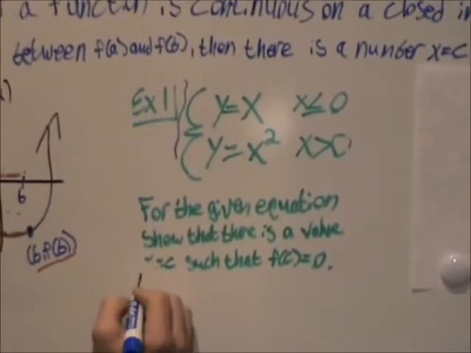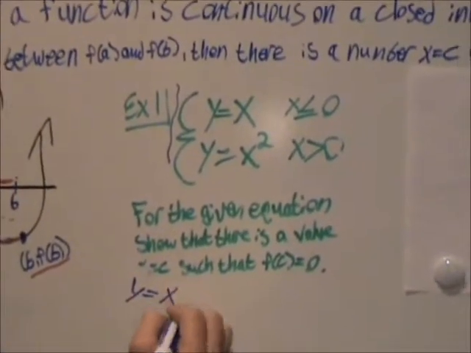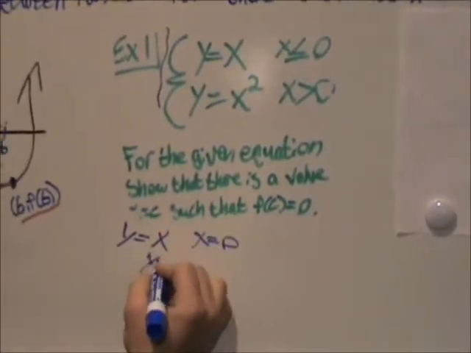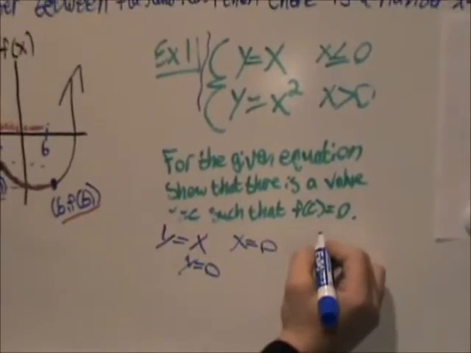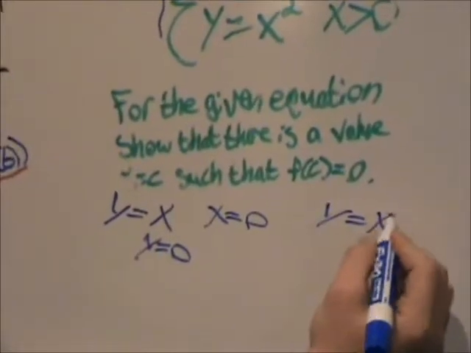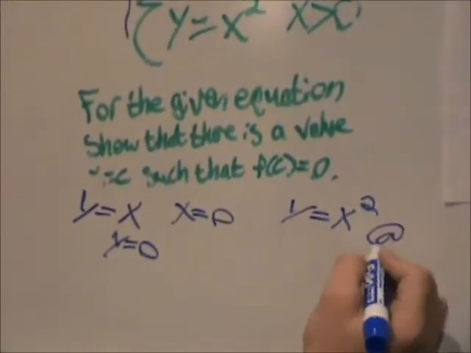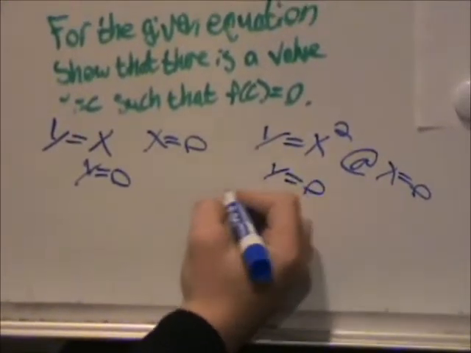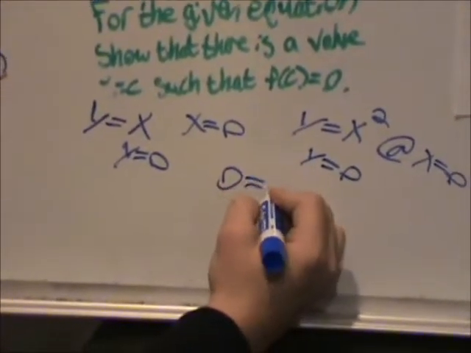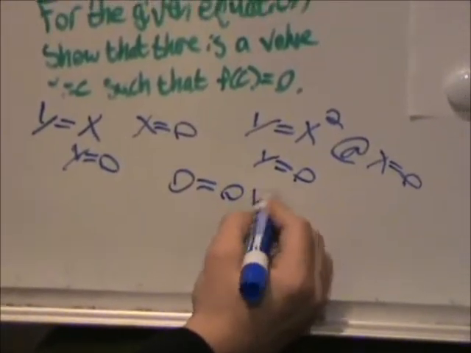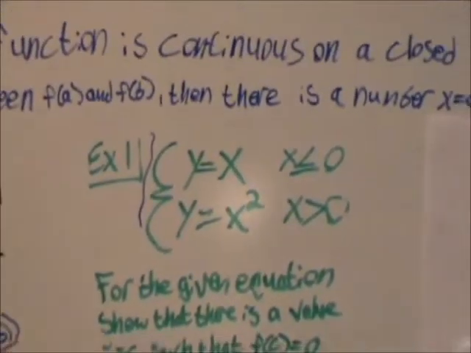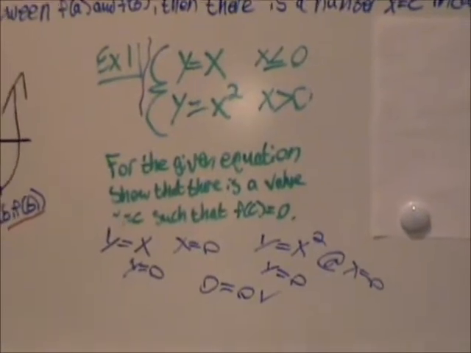So, if y equals x and x equals 0, y must equal 0. If y equals x squared at x equals 0, y equals 0. 0 equals 0, and cha-ching! We've proven that the function is continuous at x equals 0.